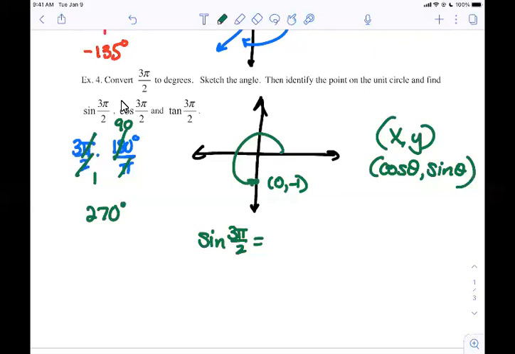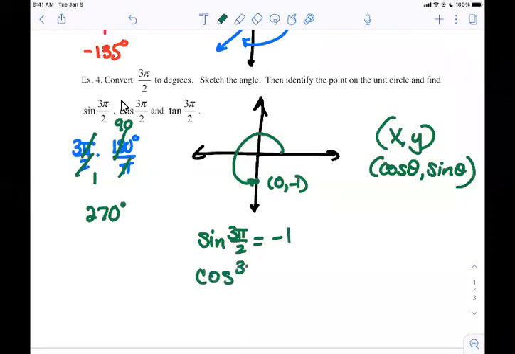So Omnea, what would be the sine of 3 pi over 2 then if it's the y coordinate? Here's your point, right? And it goes x comma y. -1, right? It's the y coordinate. It is the y coordinate, which is -1, okay?